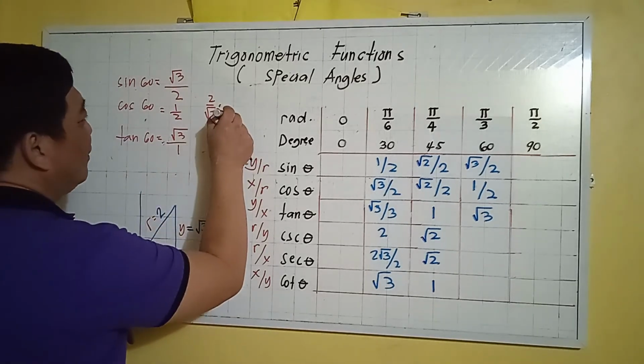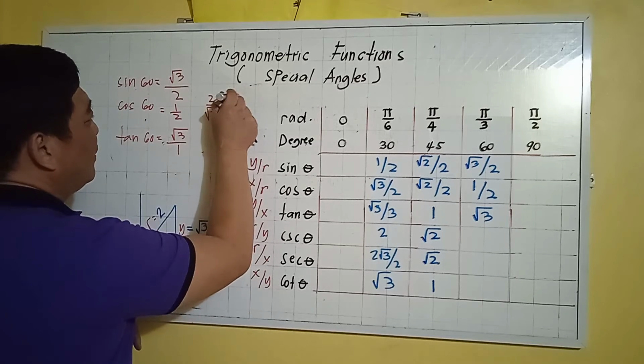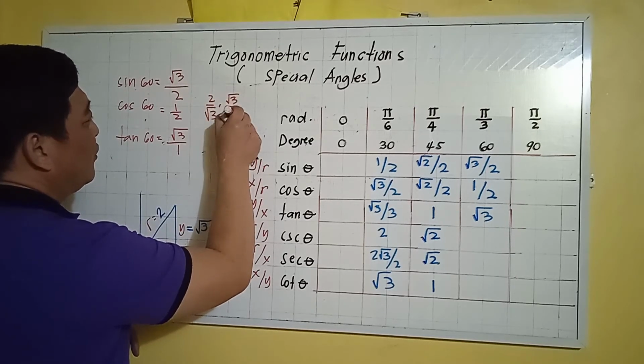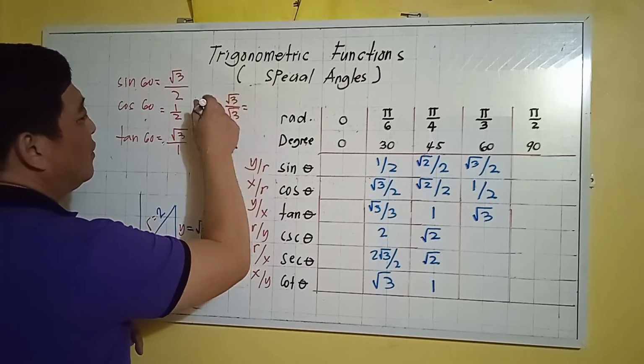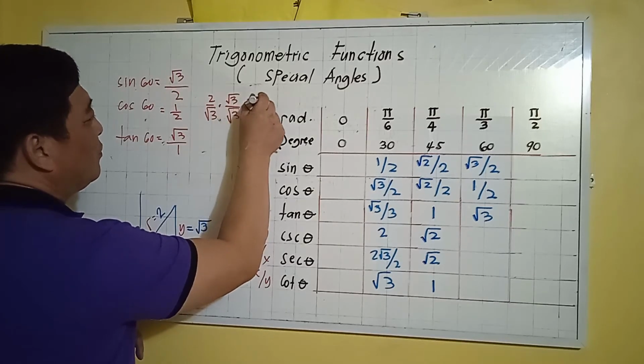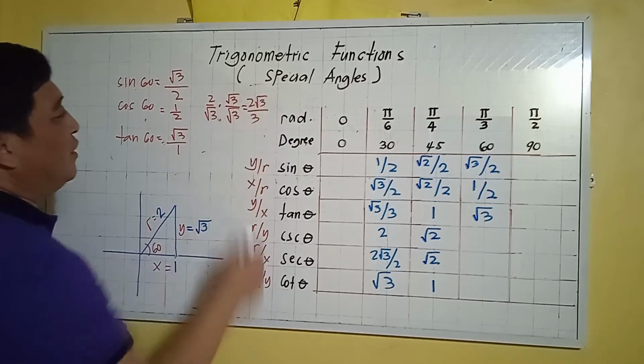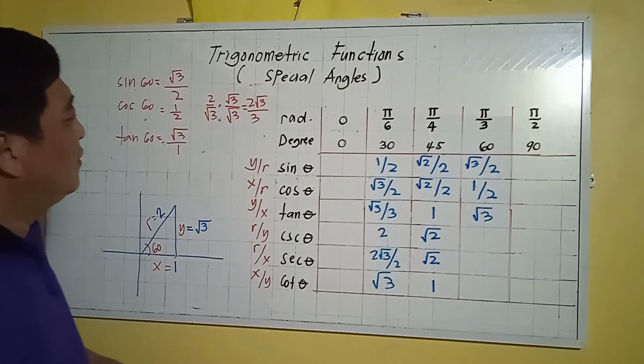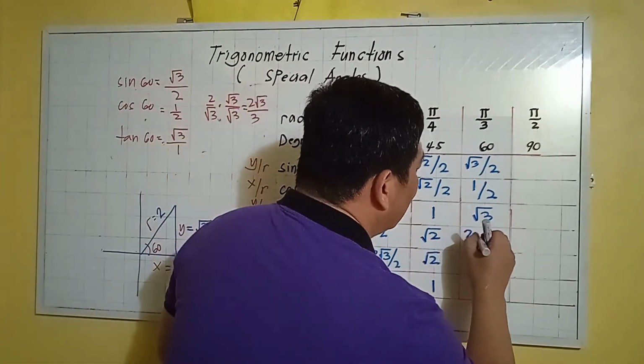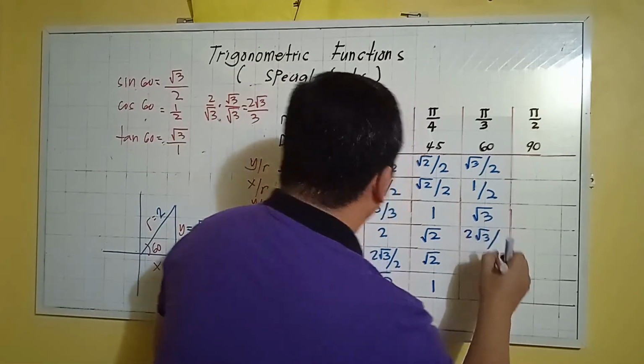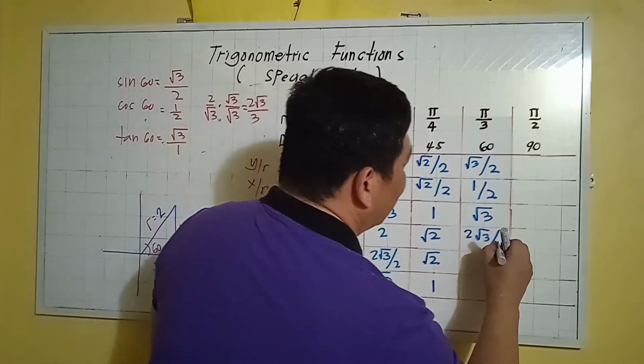Multiply by square root of 3 over square root of 3, then we have 2 square root of 3 over 3.